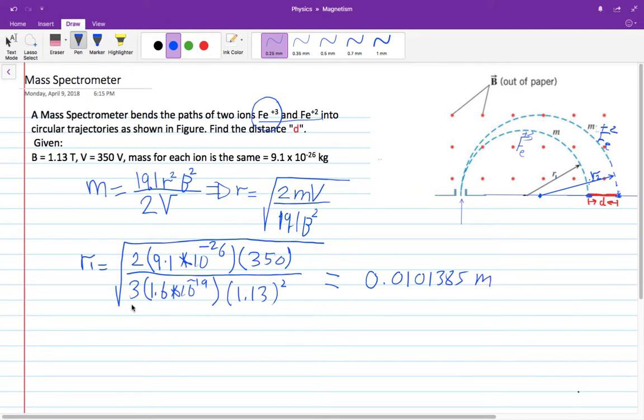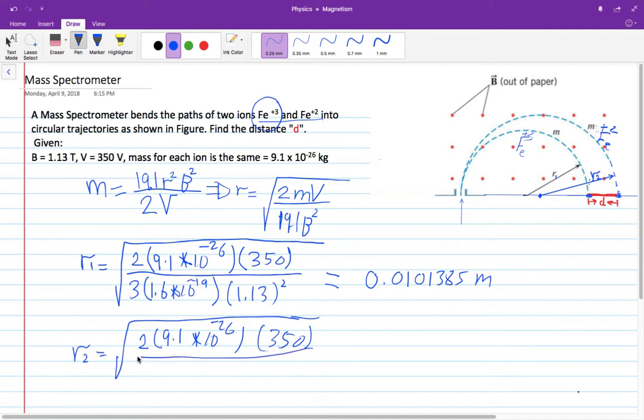All right, now let's find R2, applying the same equation. R2 is equal to the square root of 2 times the mass, which is the same, 9.1 times 10 to the minus 26, and the voltage difference is also the same, 350 volts, divided by the charge of Fe plus 2, which is 2, meaning that it lost 2 electrons.